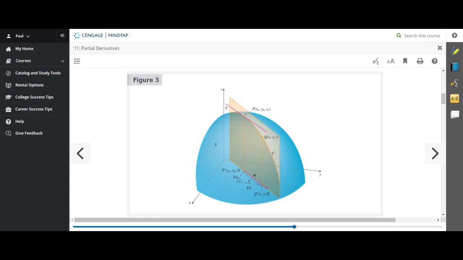See the vector u, which we assume is a unit vector, that vector u in the plane below points in a certain direction. Well, on this surface, at the point with coordinates x sub 0, y sub 0, z sub 0, we draw a tangent line to the surface that also points in that direction of the vector u, right?